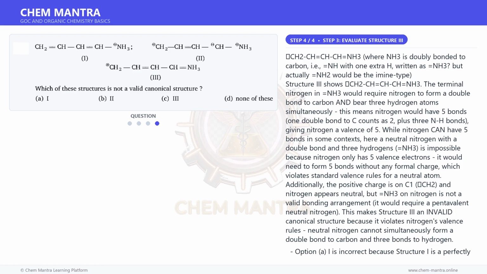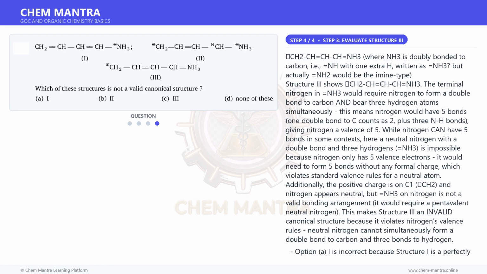While nitrogen can have 5 bonds in some contexts, here a neutral nitrogen with a double bond and 3 hydrogens, =NH3, is impossible because nitrogen only has 5 valence electrons. It would need to form 5 bonds without any formal charge, which violates standard valence rules for a neutral atom.